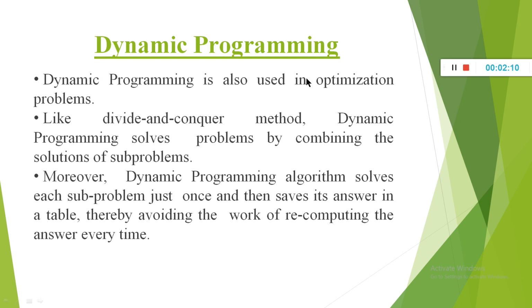Next, we'll go to the technique that is used to solve the traveling salesman problem. Here we are using dynamic programming. Dynamic programming is also used in the optimization of problems. Like the divide and conquer method, dynamic programming solves problems by combining the solutions of subproblems. Moreover, a dynamic programming algorithm solves each subproblem just once and then saves its answer in a table, thereby avoiding the work of recomputing the answer every time.